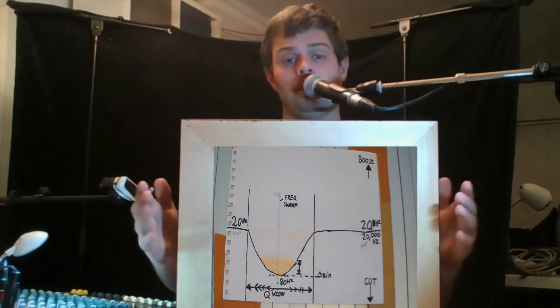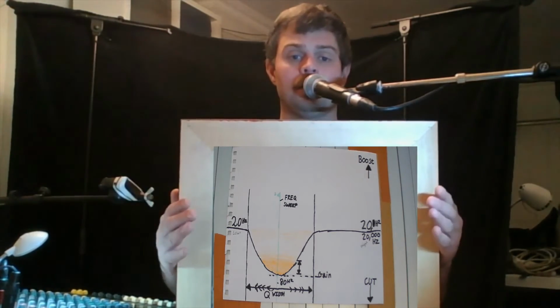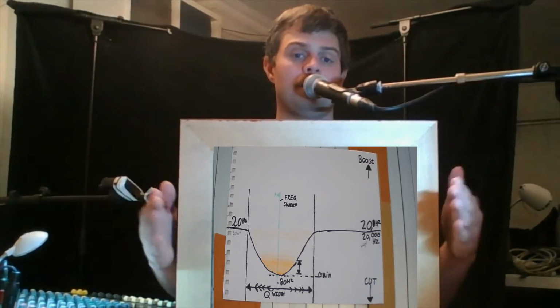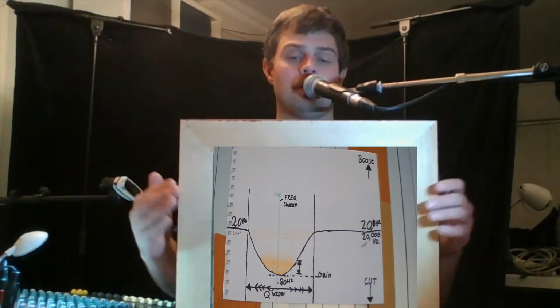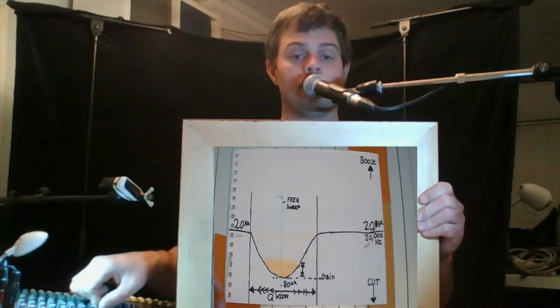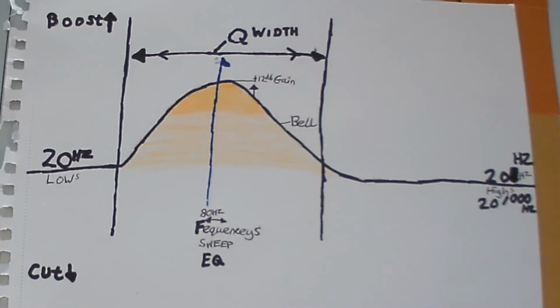The Q on the width, you've got no control over that on an analog desk, but on a digital desk you have control over the Q and you could change the shape of the bell. It's cut at 80 hertz on an analog console. It is literally cut or boost, and that's all the control you have.